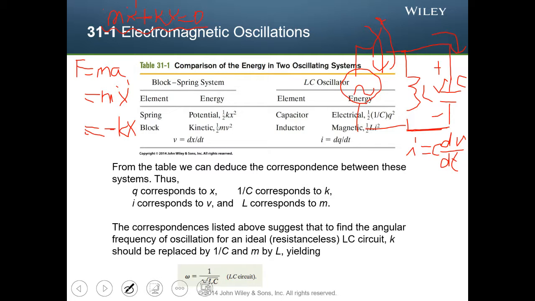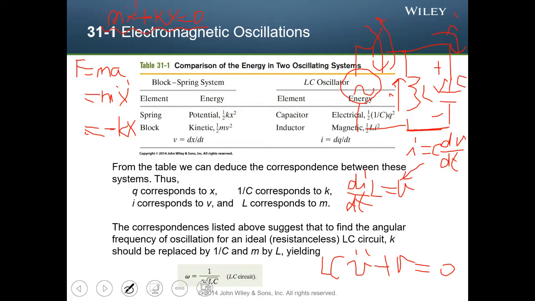For the inductor, it is nothing but L di/dt equals V. If I is going this way, I is also going this way, so you can substitute this into here. So you have LC V double dot plus V equals 0, which is quite similar to that.